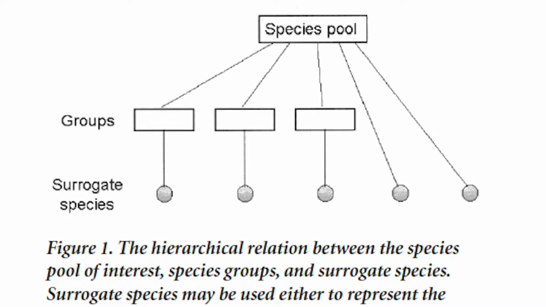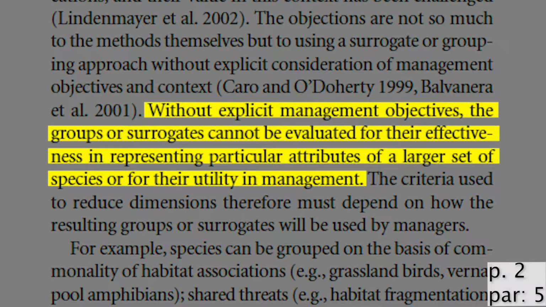Surrogate species may be used either to represent the species pool as a whole, or to represent the subsets of that pool in species groups, or the groups themselves may be used as representations of the larger species pool. However, specific management objectives are needed in order for this to be effective. Without explicit management objectives, the groups or surrogates cannot be effectively evaluated and used for proper management.